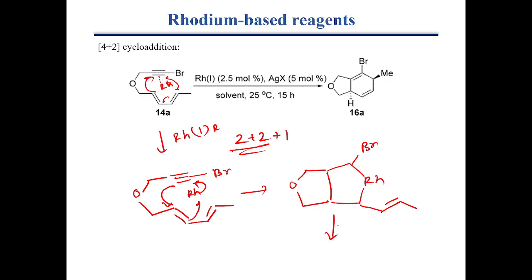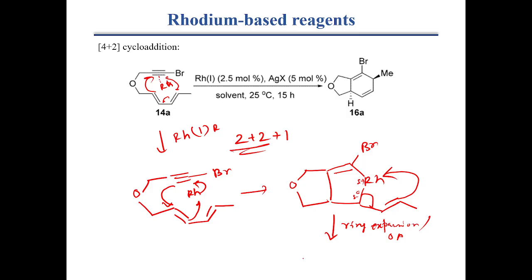Now insertion happens, or oxidative addition we can say, or ring expansion. This rhodium is electropositive, this is electronegative. So this will go and this will react onto the rhodium center.